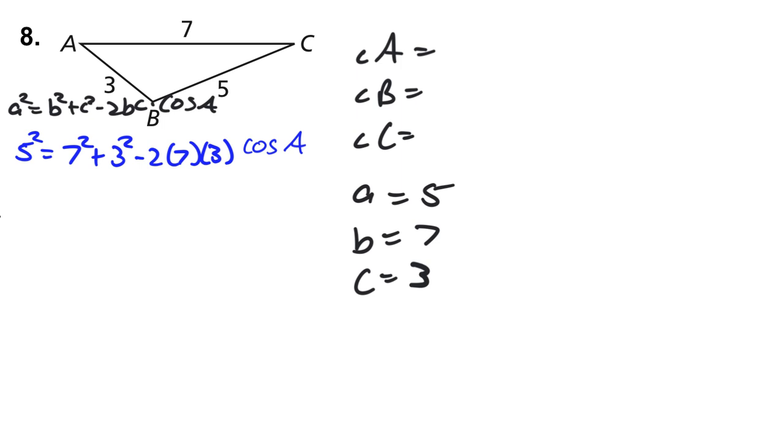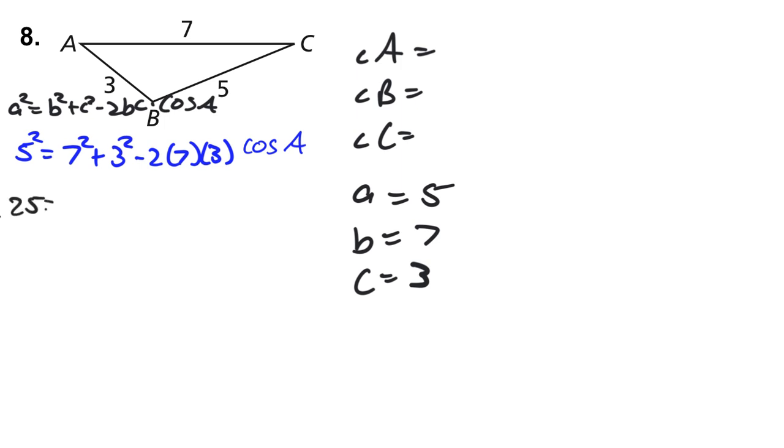So what I don't know is that cosine of A. First off, I'm going to put in 3 squared plus 7 squared in my calculator. 3 squared plus 7 squared is going to give me 58.